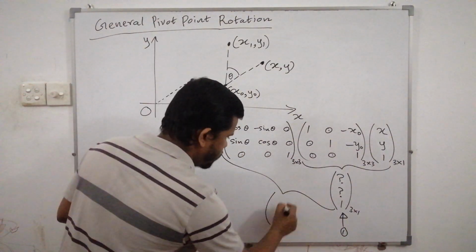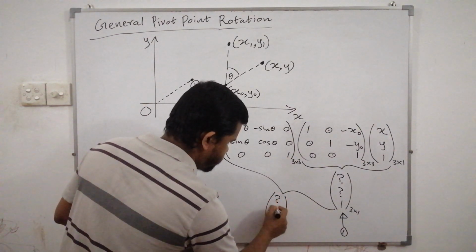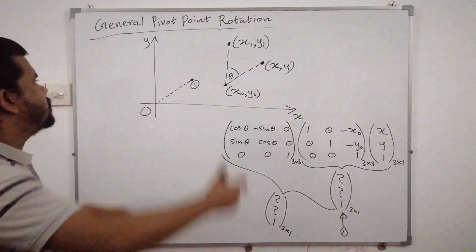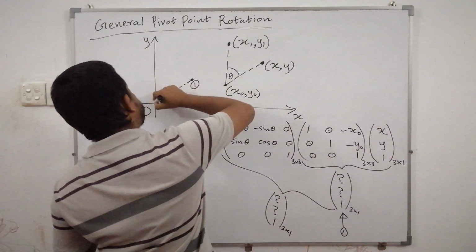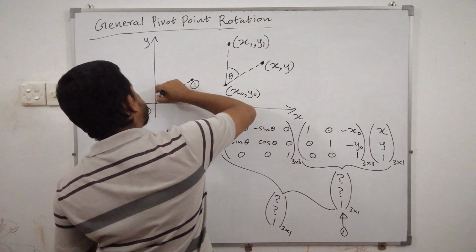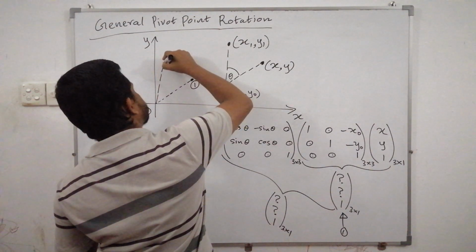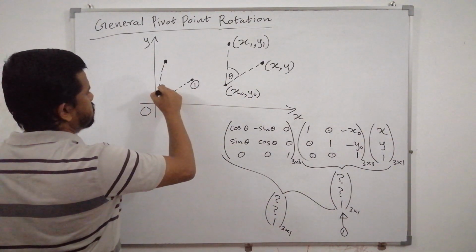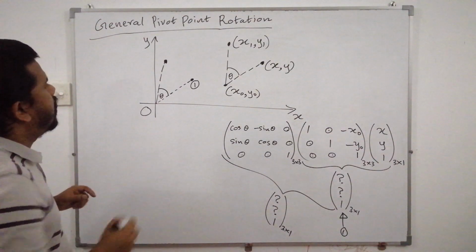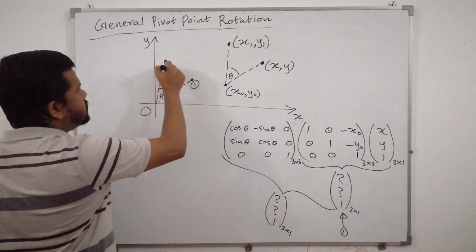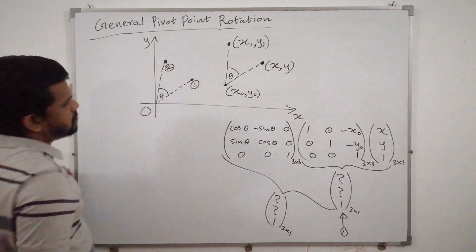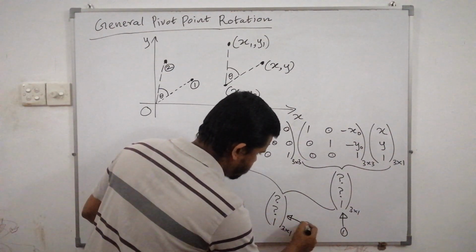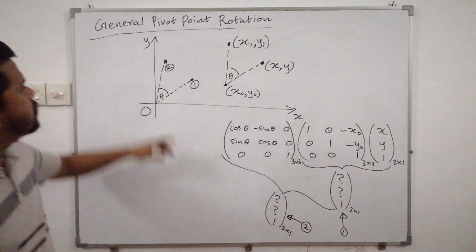Then you get another 3 cross 1 matrix, and its position is here, after rotating by theta. So this one represents the position 2.